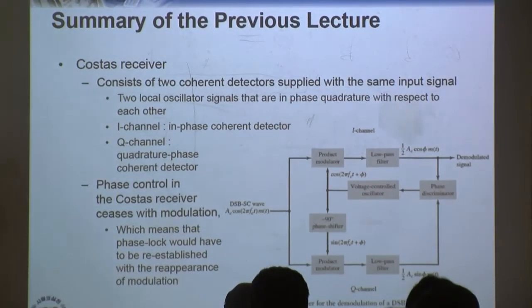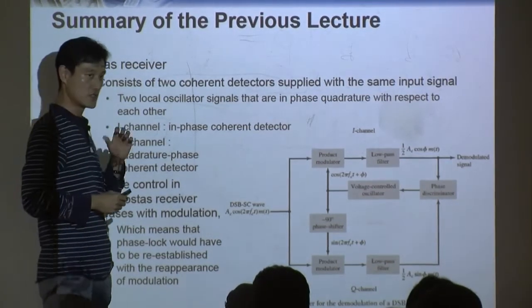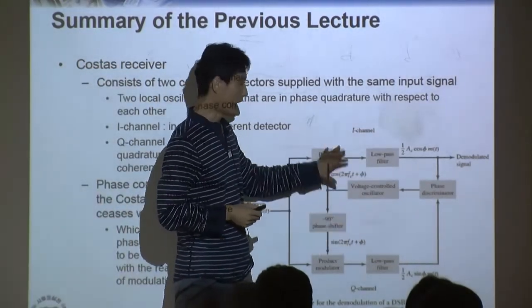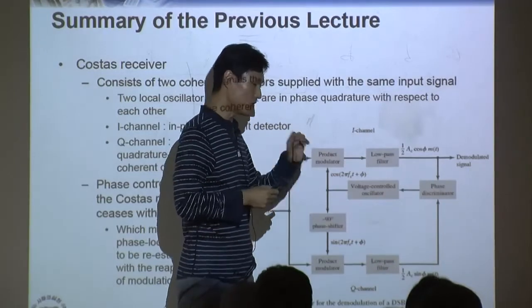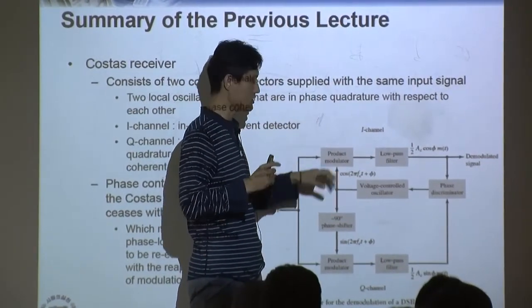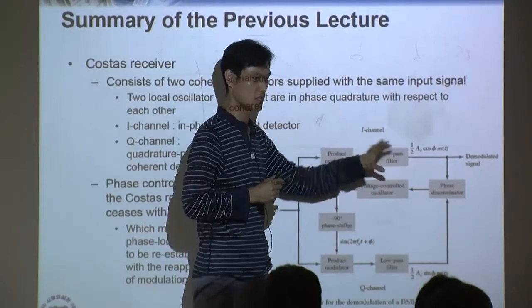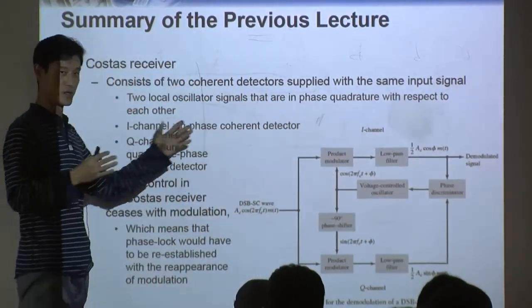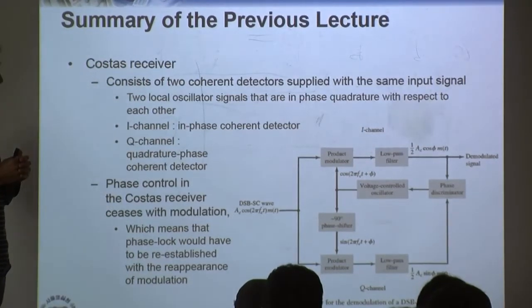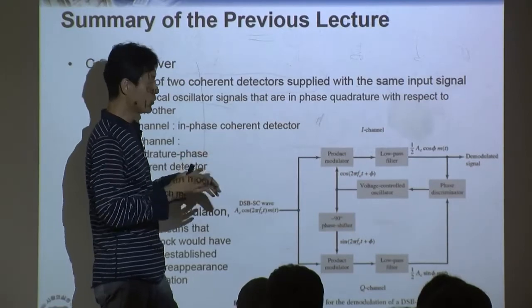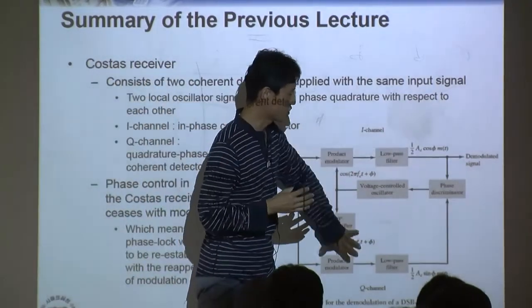Later, when we talk about digital modulation or digital communication blocks, we're going to look at the same thing again. I channel, Q channel: every communication system you use, like your cell phone, has these blocks. Right now this one is analog, still, we are talking about an analog system. But when we talk about digital systems later, we will still talk about I channel, Q channel.